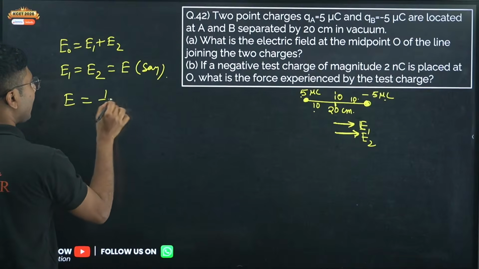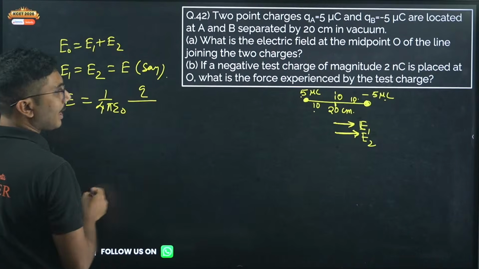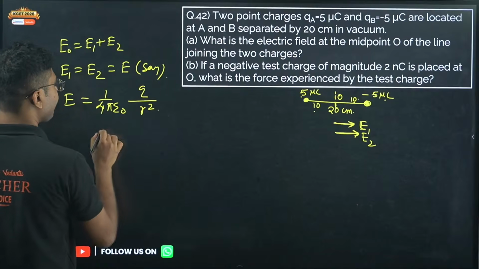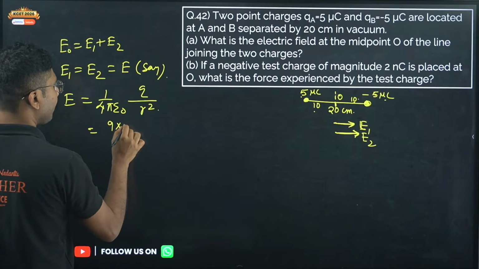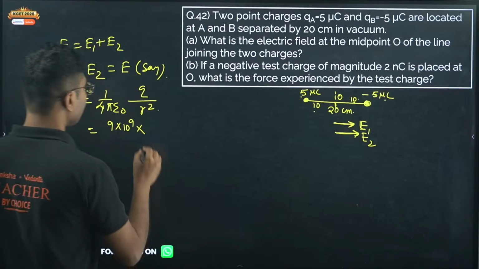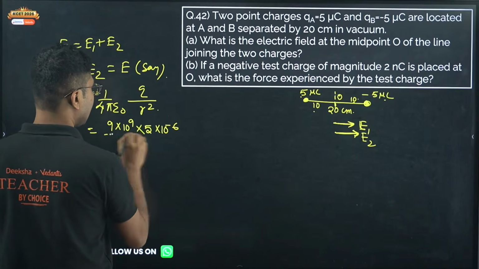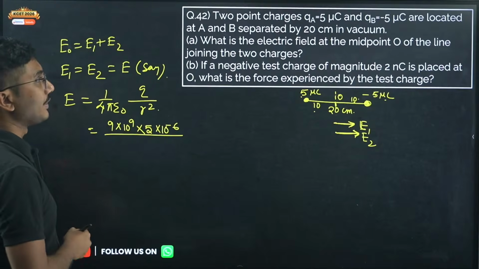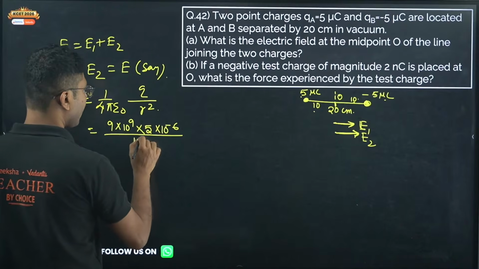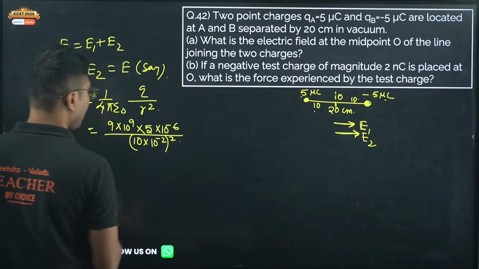E is 1 by 4 pi epsilon naught charge divided by distance square, that is 9 into 10 to the power of 9 into Q. Here it is 5 microcoulomb, 5 into 10 to the power of minus 6 divided by R square, which is 10 into 10 to the power of minus 2 whole square.